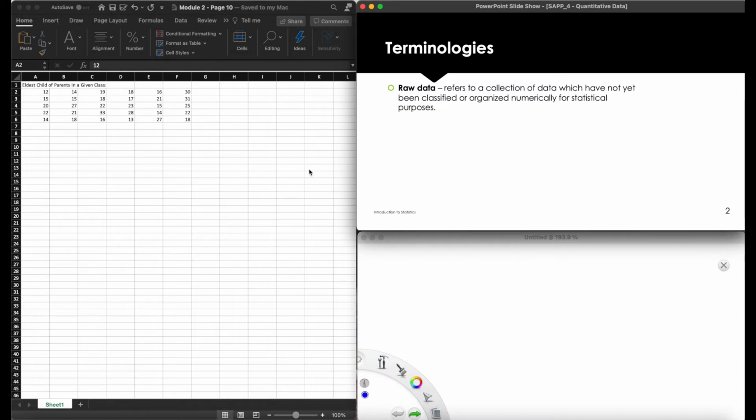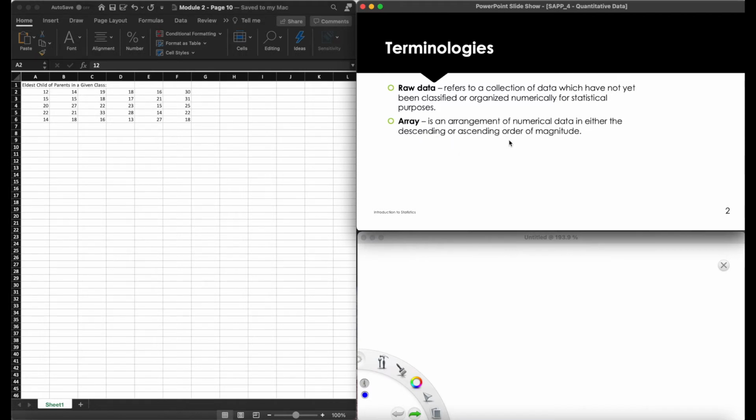You may think of them as data which are kind of messy, meaning they're not yet organized. That's why the second step in statistics is organization, because after you collect those raw data, raw as in fresh from the collection, they're disorganized. So what we need to do is to organize them. So we call them raw data.